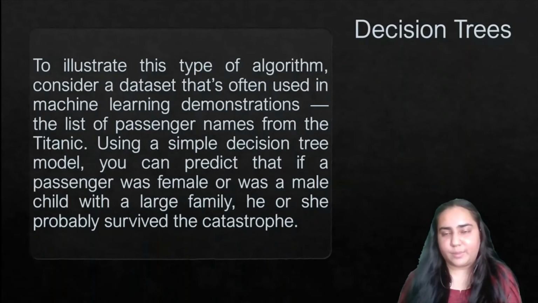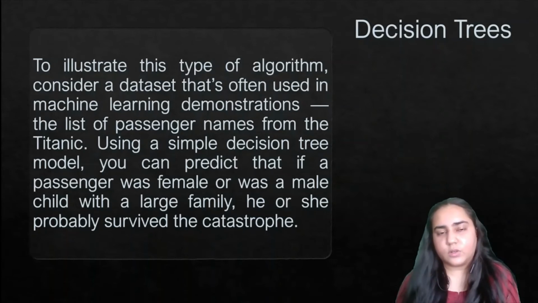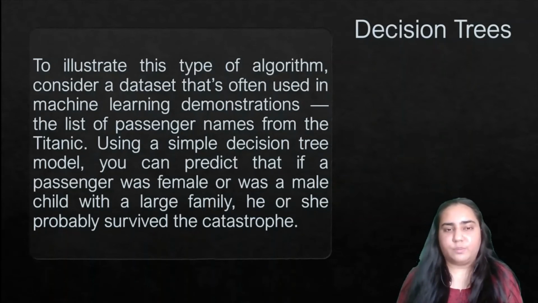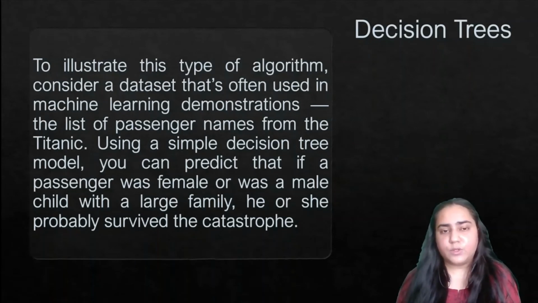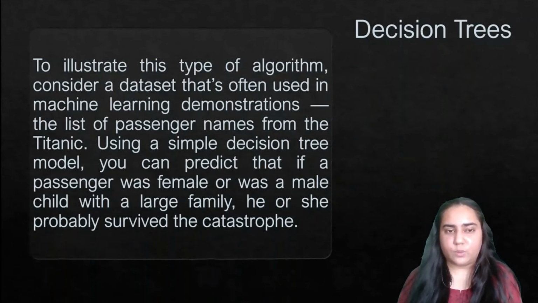We all know what happened with the Titanic, how it sank, and a lot of people who were on board died. We have this list of passenger names, and we want to create a simple decision tree model where you can predict whether or not that person survived, based on all these details that you have.